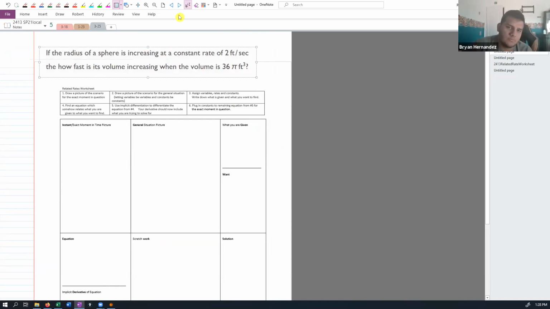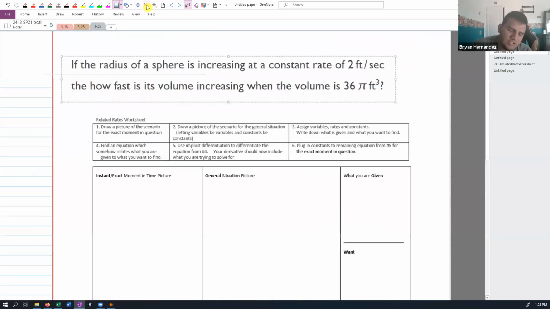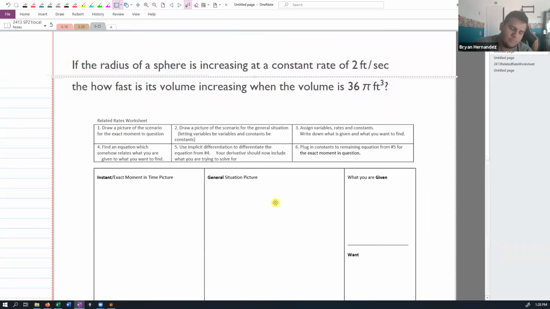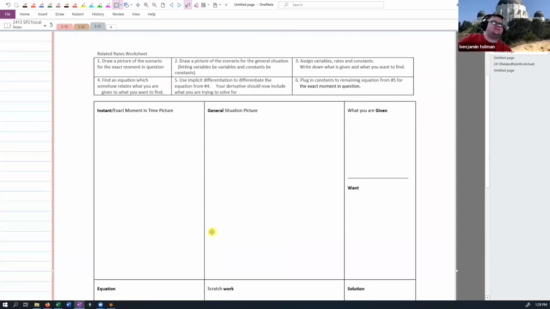Sir, quick question. The sheet that you're showing us that you're going to work the problem on, is it useful for all word problems? It's useful for most of the related rate problems. For most of what we're going to do in this class, this is sufficient. Is it allowed on the test?